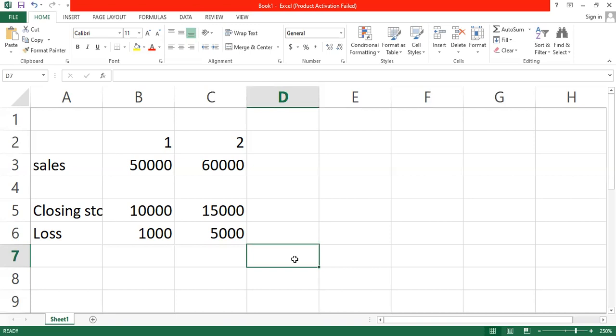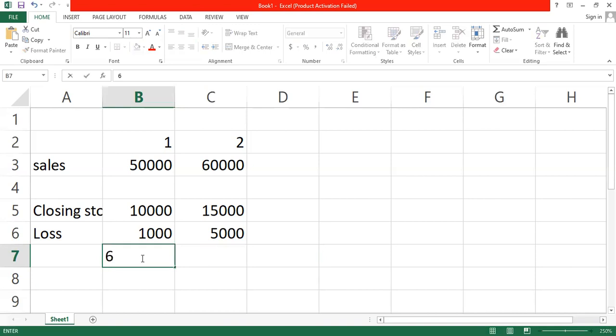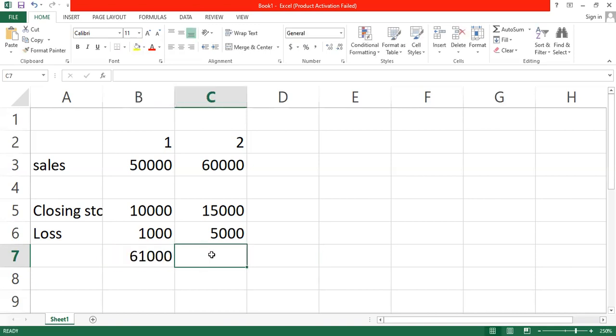I think we have to add the loss value to the original amount. So that will be 61,000. So if you produce 61,000, 1,000 will be lost. We are going to sell 50,000 and now have a closing stock of 10,000. Let's go to month 2. 80,000. We have to produce 80,000, so that we will sell 60,000, have 15,000 left, and 5,000 will be lost.